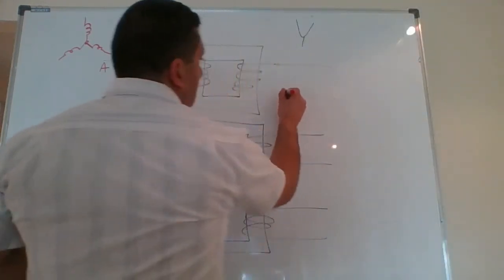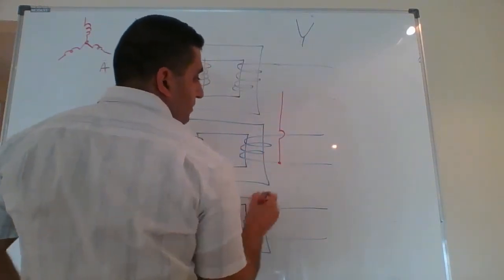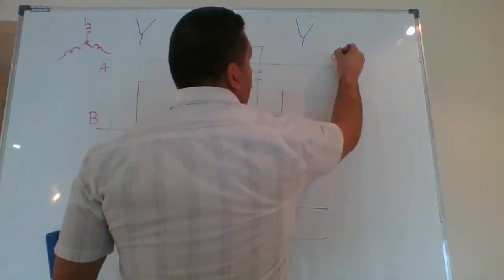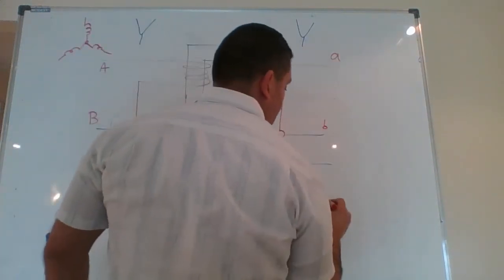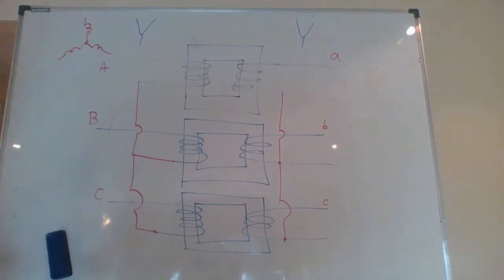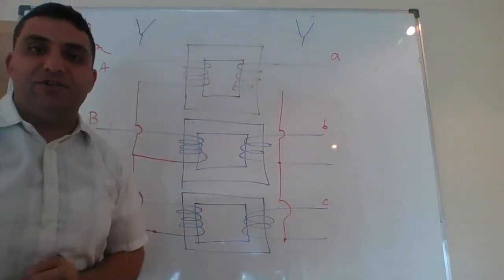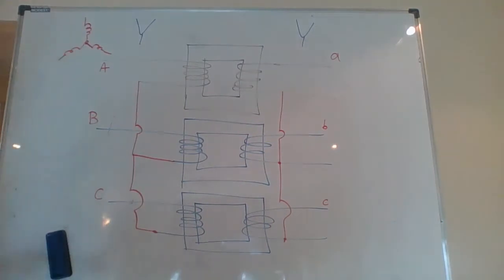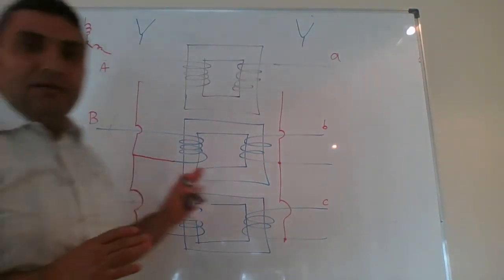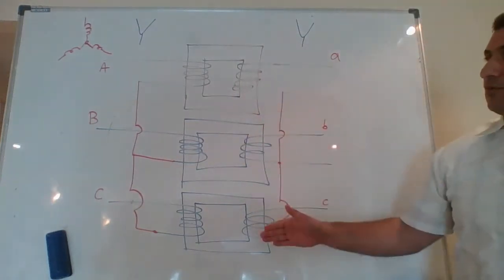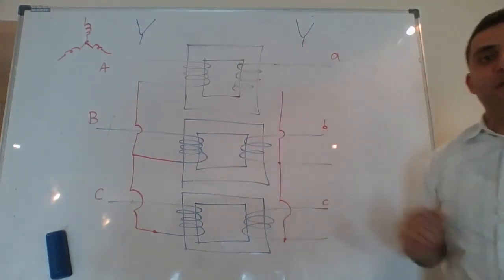I connect, this is my Y, and this will become A, B, C. That's how I connected three single-phase transformers to form Y connections. Is that clear? I hope it's clear how I use three single-phase transformers to connect Y and Y.